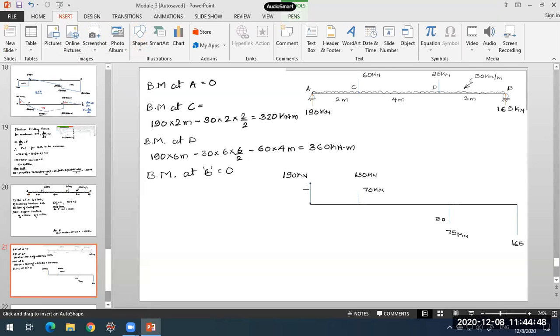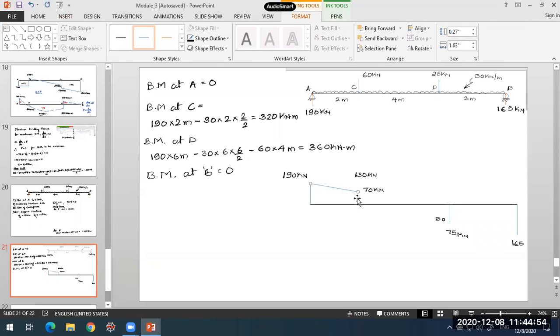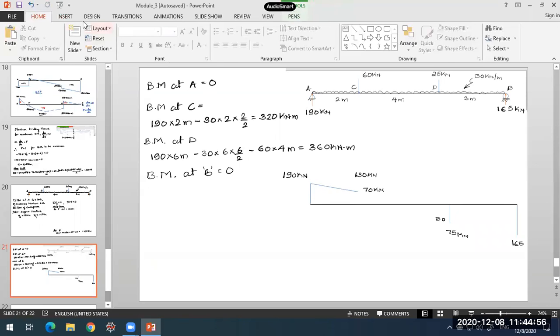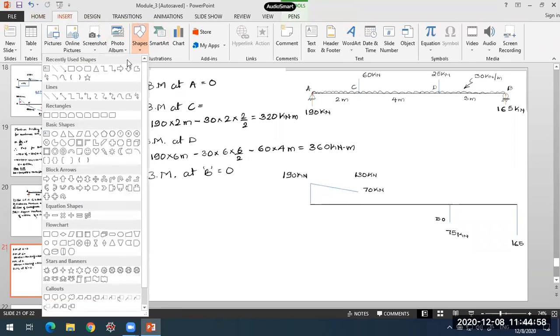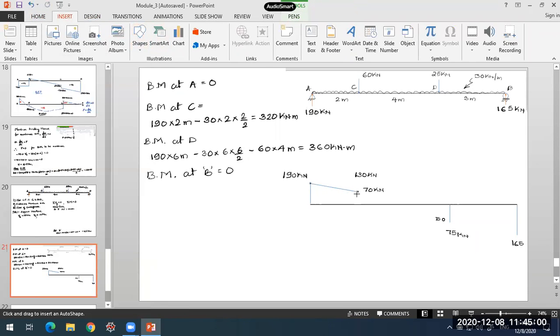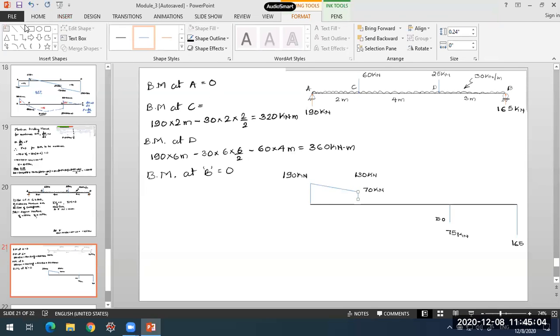So this is the variation, varying linearly from this point. And then from here again linear variation.